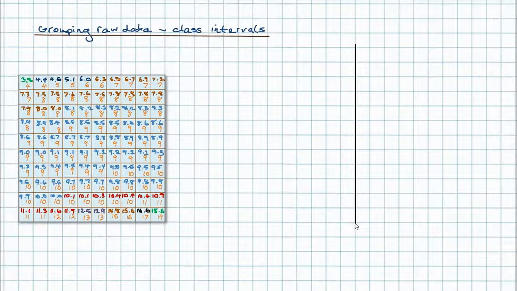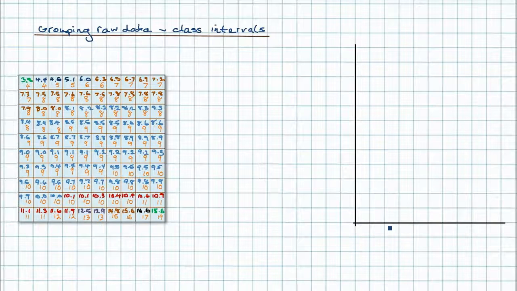So let's draw a set of axes. And now what we want to do is transfer the range of the data onto the horizontal axis. So we've got 10 squares here. How are we going to divide this up? Well, previously we numbered it up 4.5 to 5.5 to 6.5, and it's much better actually if we just use whole numbers.